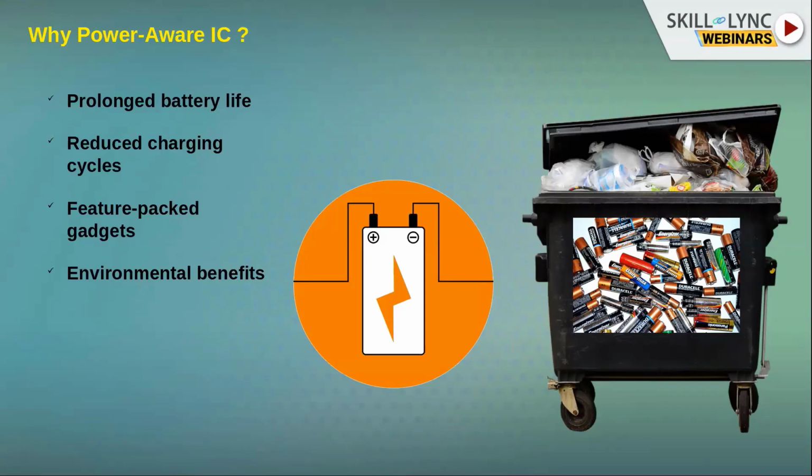You can have a lot in less battery. I'm pretty sure that most of us choose mobiles based on how many features are packed in, as well as how little we have to charge the battery. So it's very easy to understand why we need power aware ICs. And obviously we also have environmental benefits of fewer batteries being sent for recycling.